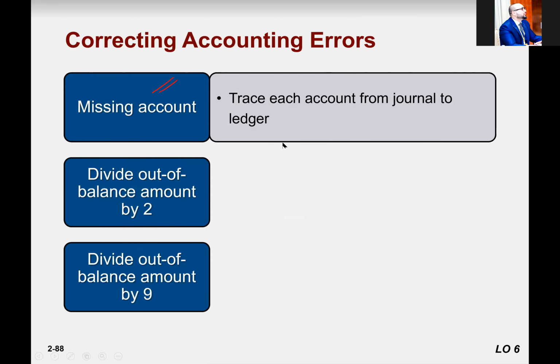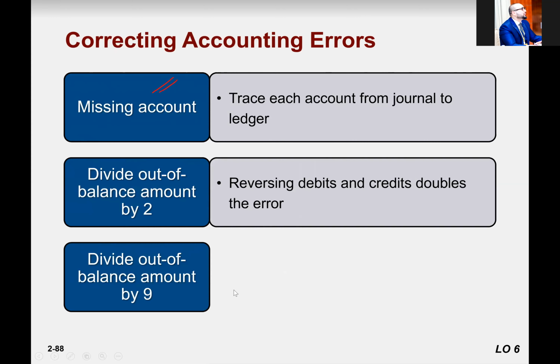So you can just trace out the general ledger, right? You can also find out whether you posted a double entry or not. For example, you wanted to post to the credit side, but you posted it on the debit side, right? So 300 you wanted to post on the credit side, you posted on the debit side.